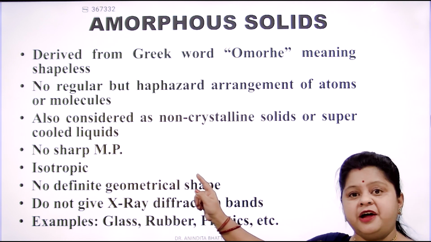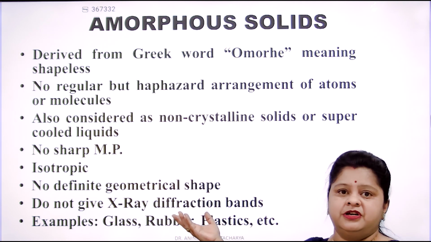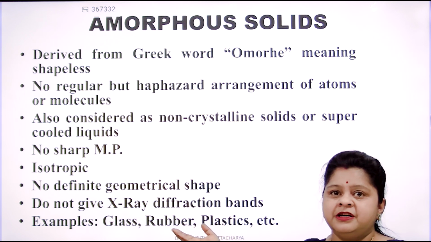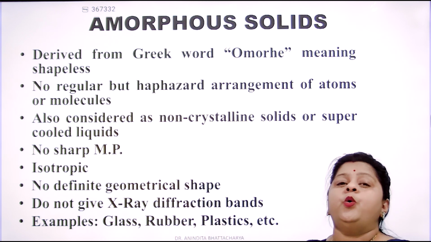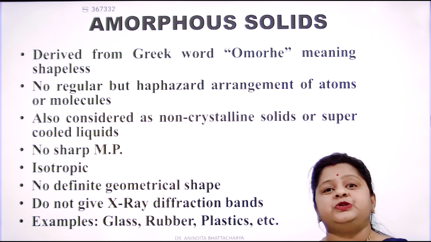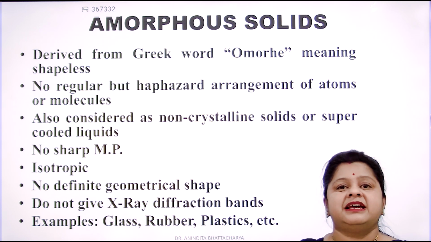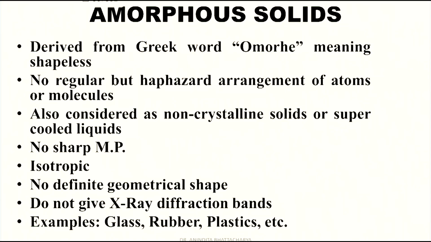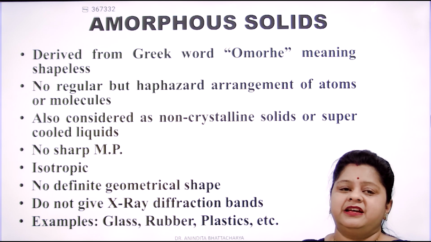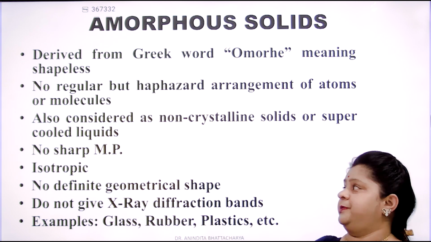They have no sharp melting point because they are haphazardly arranged. They are isotropic. They do not follow any definite geometric pattern and they do not give X-ray diffraction bands, and that is the reason they are considered non-crystalline. Examples are glass, rubber, plastics, etc.